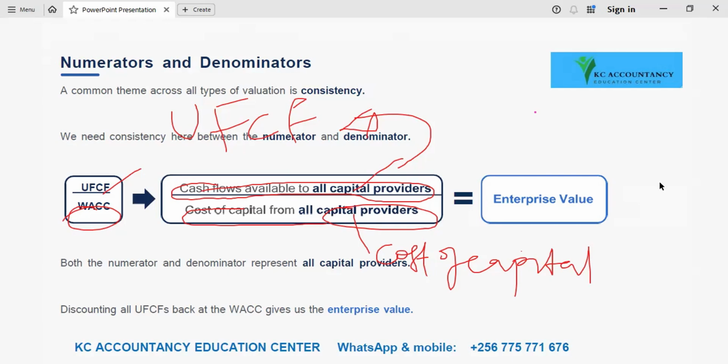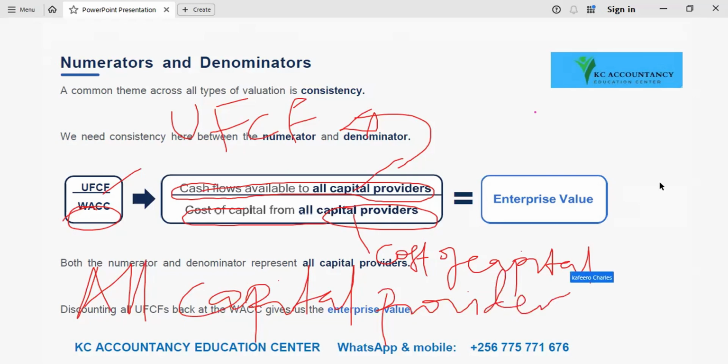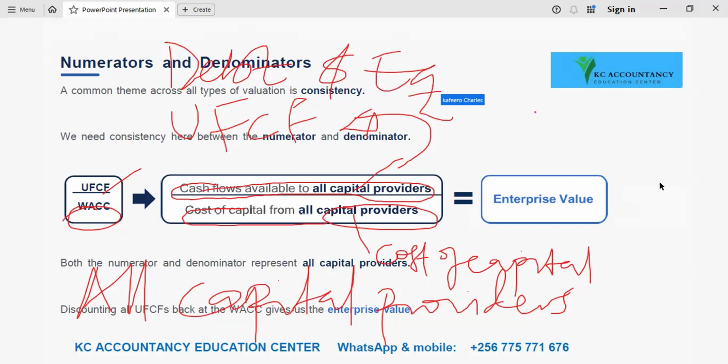We have perfect consistency between the numerator and the denominator, with both representing all the capital providers, those of debt and equity. We have those who brought in debt, like the financial institutions, and at the same time those shareholders who brought in their equity.